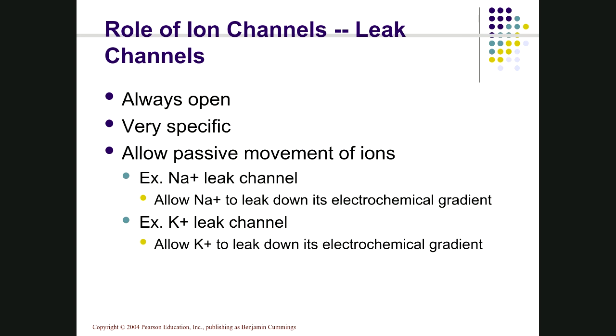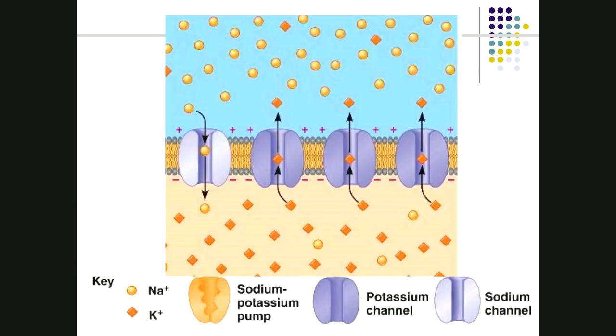But let's not forget about our leak channels. Remember, leak channels are always open, and they allow this passive movement of ions across the membrane. So we've got sodium leak channels and we've got potassium leak channels. So look at this. Here's this sodium-potassium pump, and it's pumping 3 sodiums out and bringing 2 potassiums in.